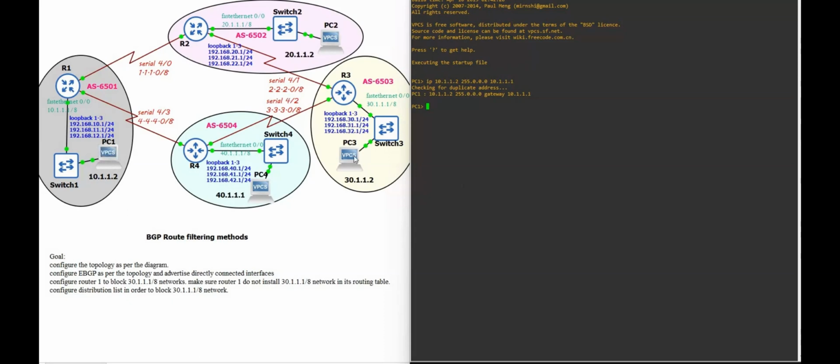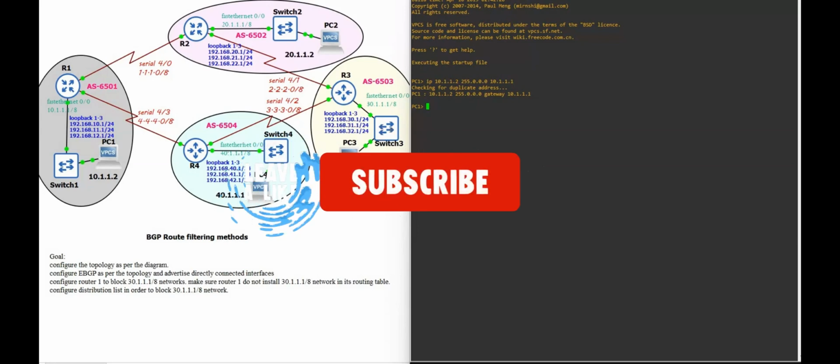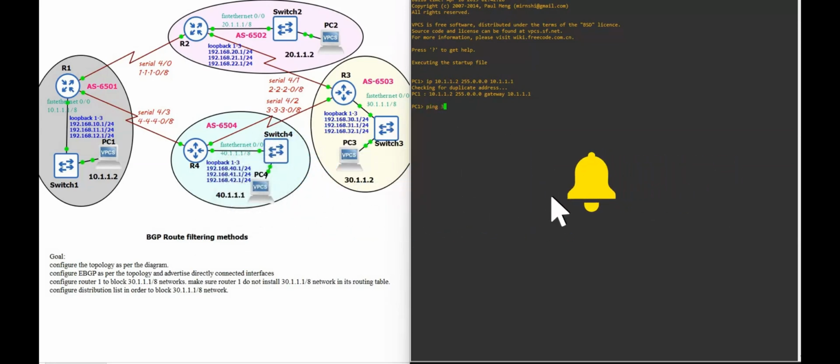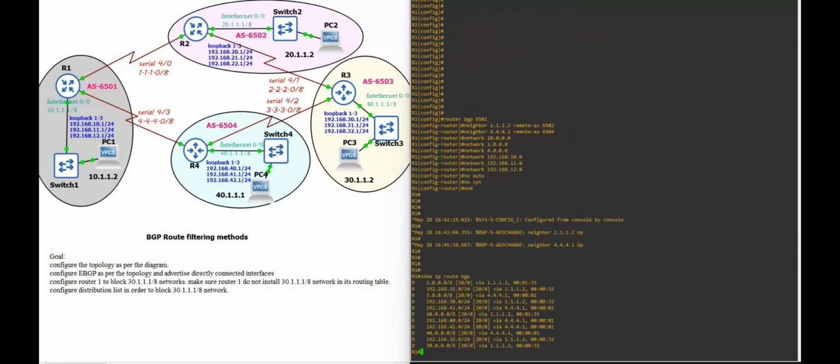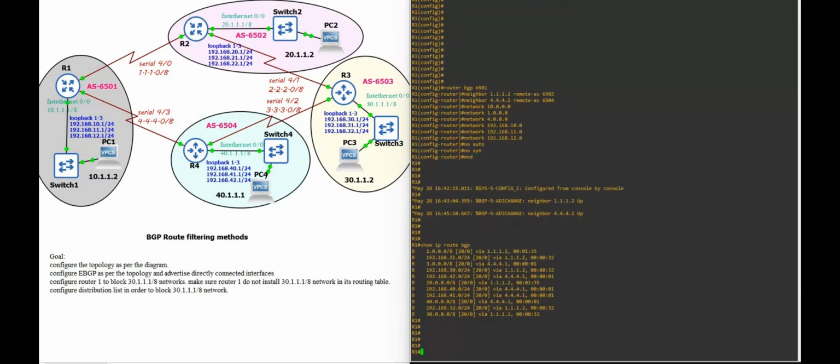We are going to ping this 30.1.1.2. Okay, ping 30.1.1.2. You can see the reply is coming from 30.1.1.2. Okay, now on router 1, let's say show IP BGP 30.1.1.1.